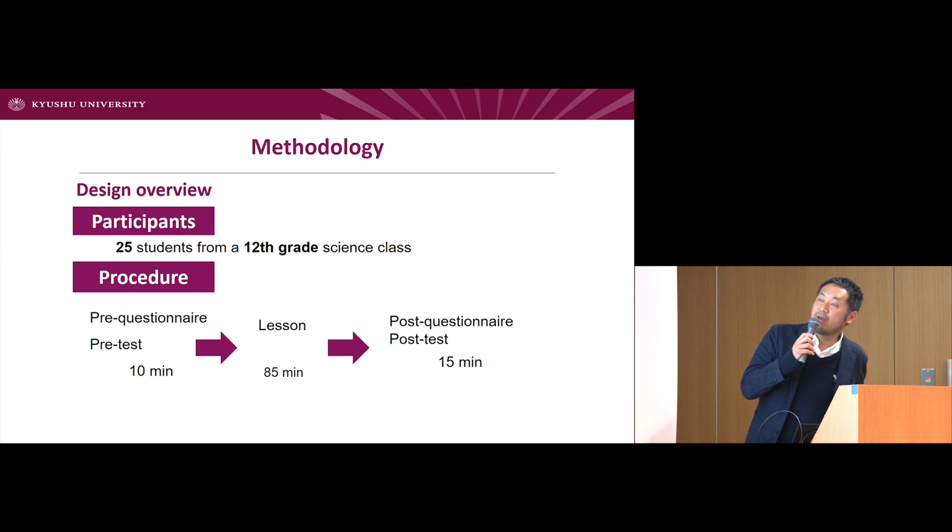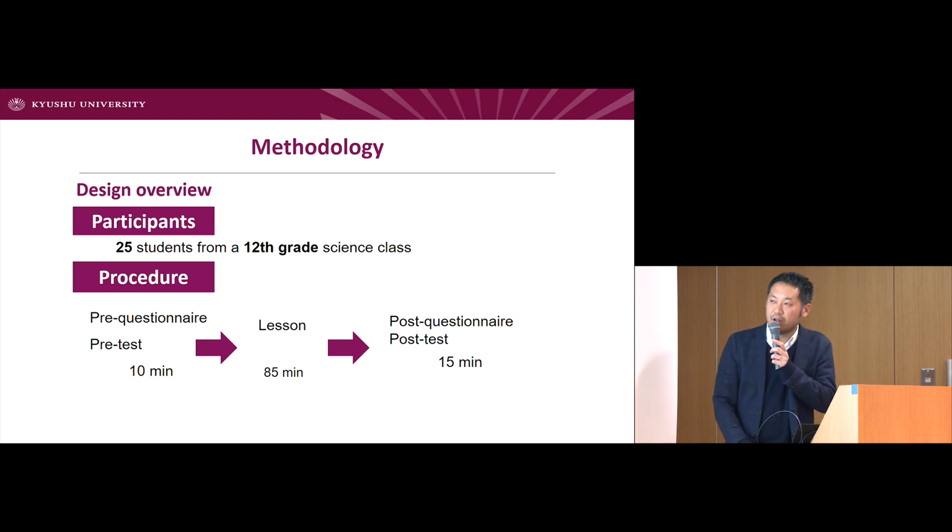This is the methodology page. Participants are 25 high school students in a science class. This is the procedure. The students were asked to answer the pre-questionnaire and pre-test for 10 minutes, and next the teacher started the lesson for 25 minutes.